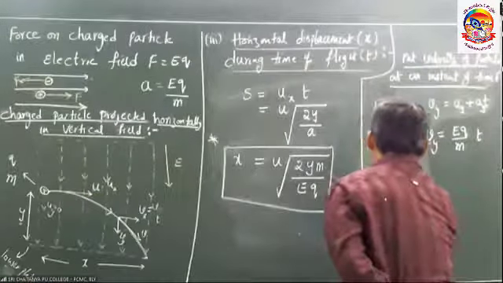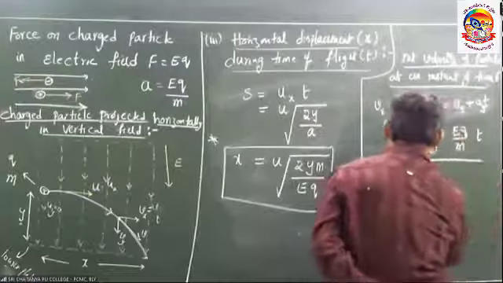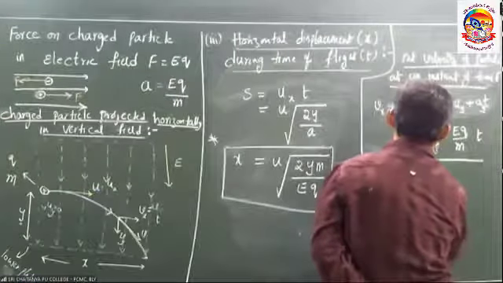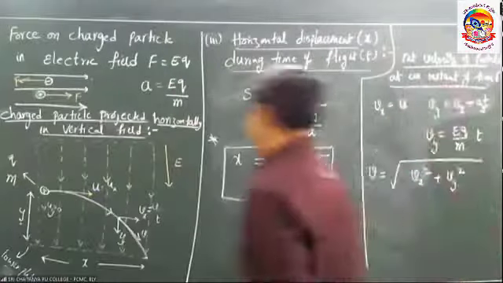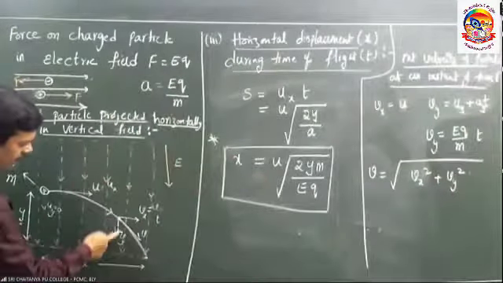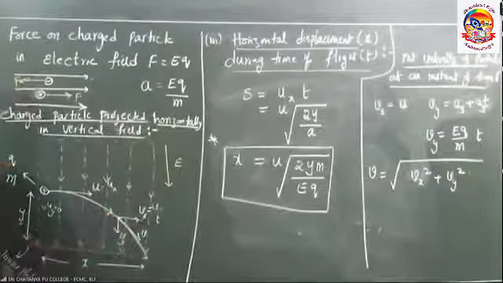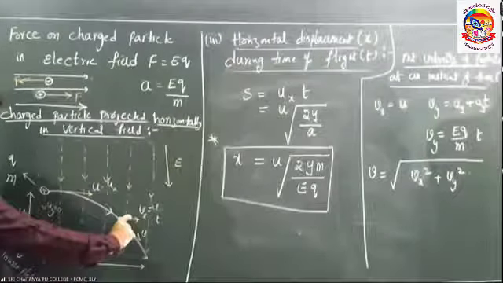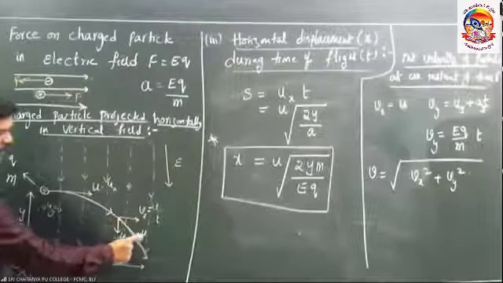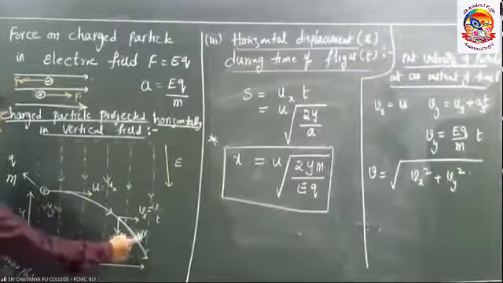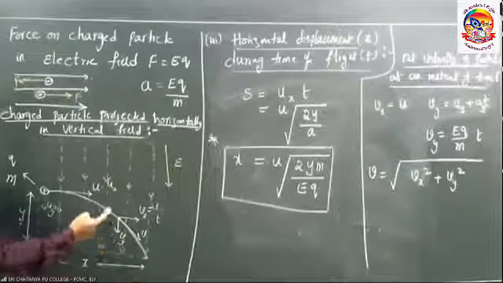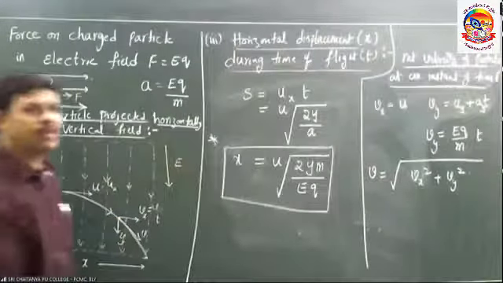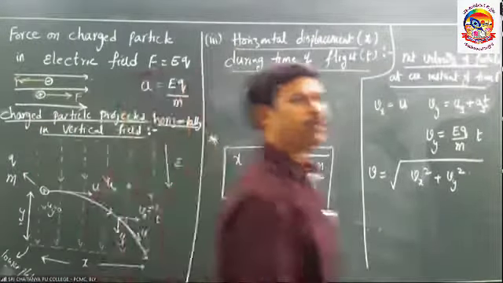V is equal to root over Vx square plus Vy square. Why, sir? See here, Vy in this direction, Vx in this direction. These two are perpendicular to each other. Then V is the resultant of these two. Then V square is equal to Vx square plus Vy square. Then V is root over Vx square plus Vy square.